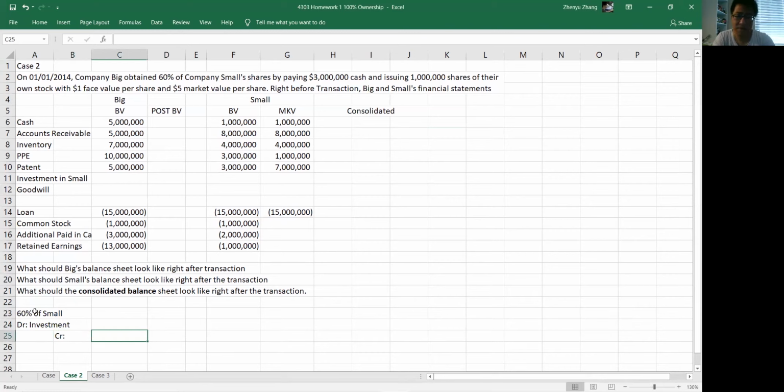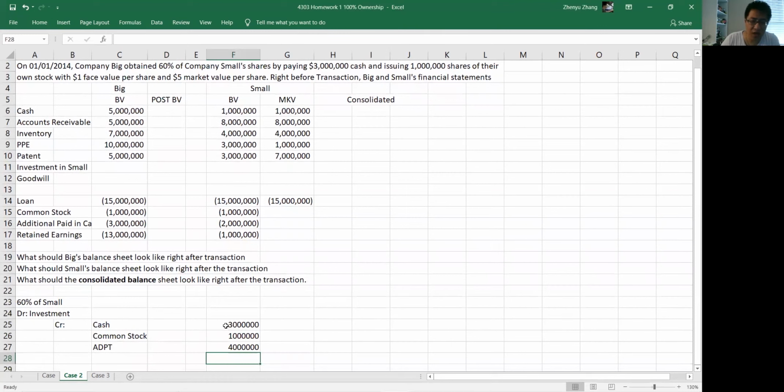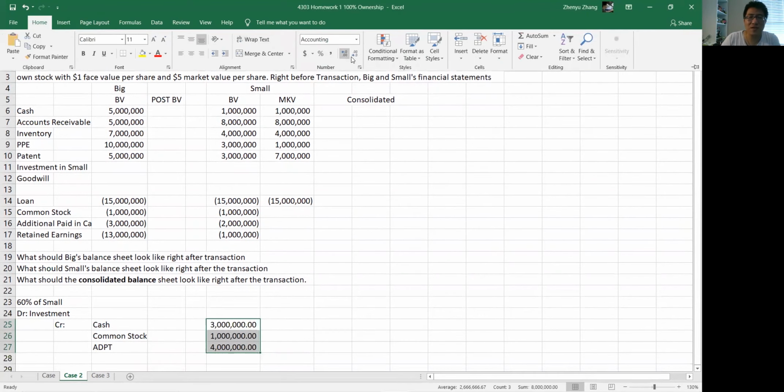What do we credit? Big pays the cash. Again, 3 million. And we know that, again, common stock, we know it's 1 million. Additional paid in capital, 4 million. All right, so there's no change. We will have change, but not for now. So let's take a look.